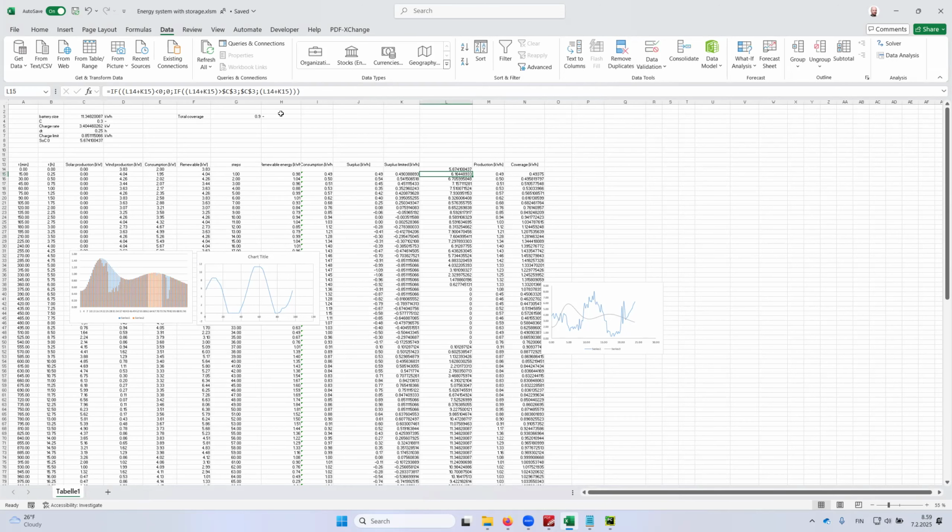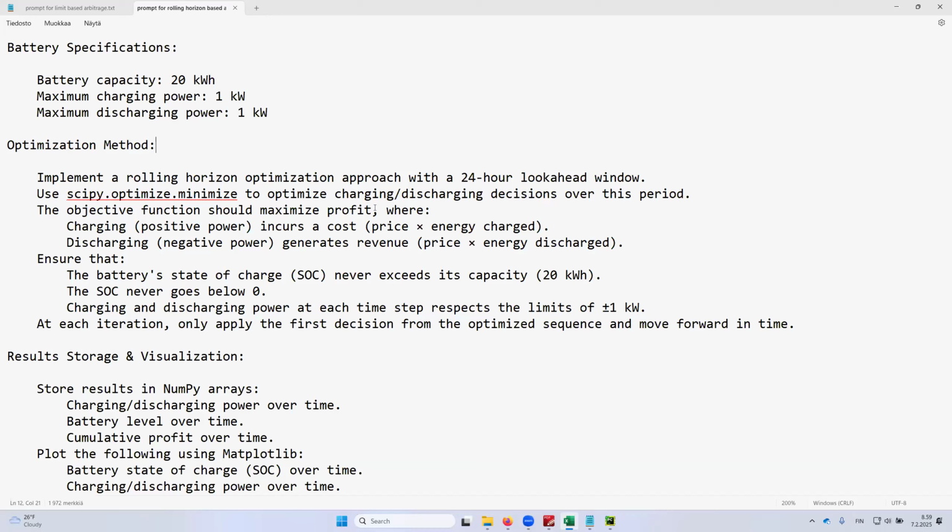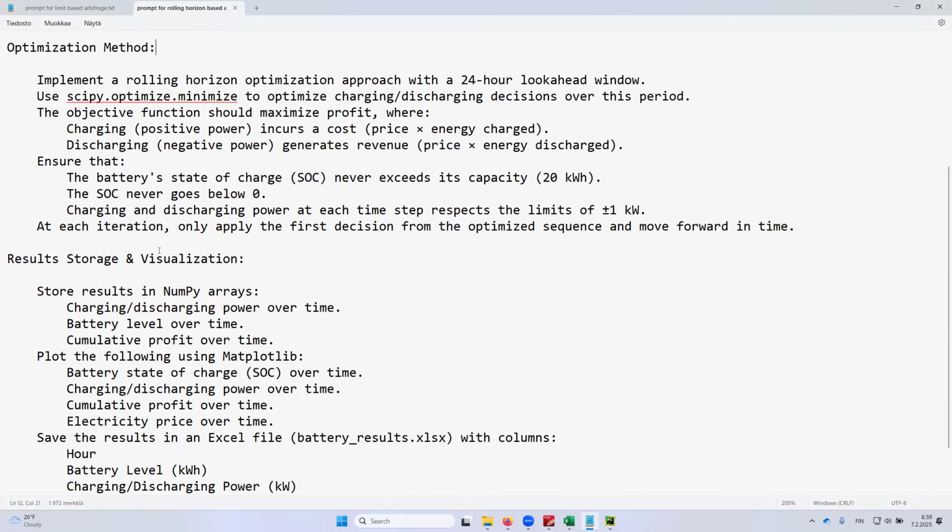So it's this one. This is the state of charge. So don't go below zero or above maximum capacity. And charging and discharging power at each time step is limited to plus minus 1 kilowatt. And at each iteration, only apply the first decision from the optimized sequence and move forward in time.